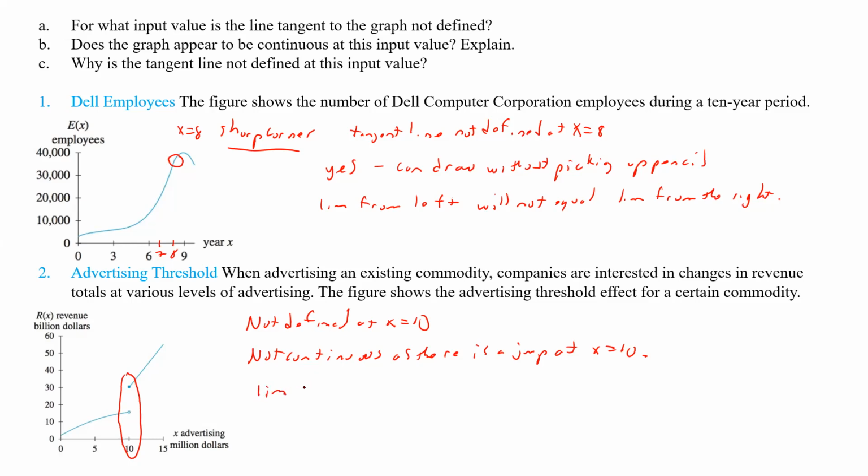So the limit from the right does not equal the limit from the left. Because from the left, that's going to be our limit, and from the right, that's going to be our limit. So they're not the same, and so therefore the tangent line's not going to be defined at that point. Okay, what's the next one? That's all I have. So hopefully that will help you get through these exercises.